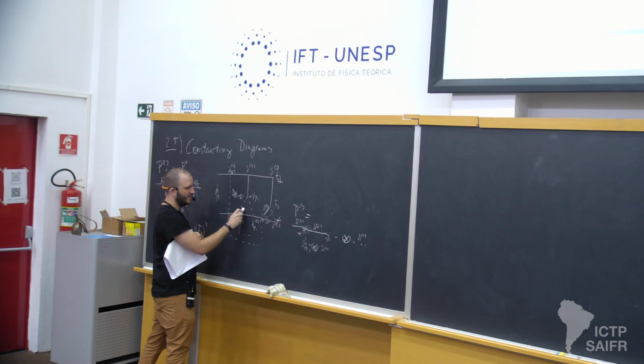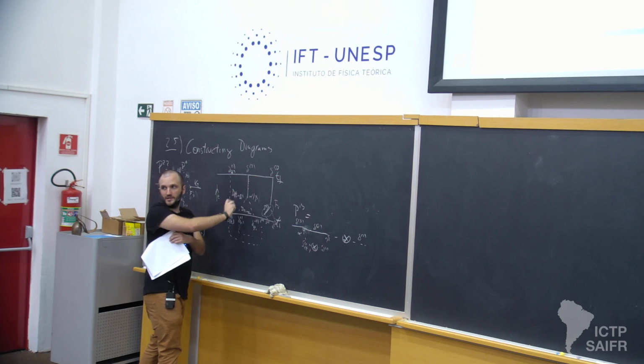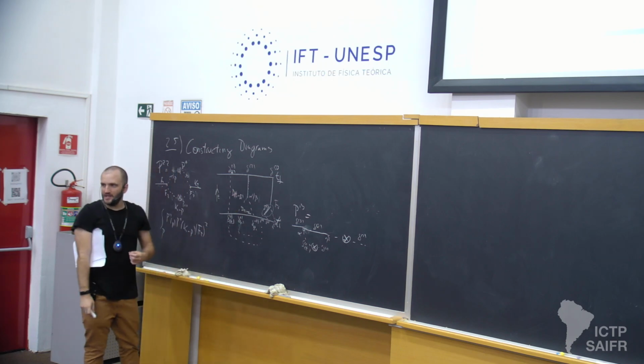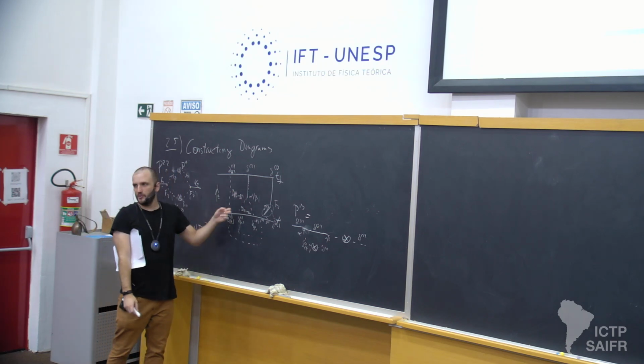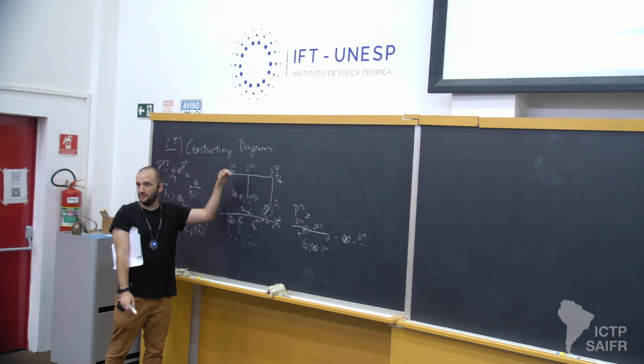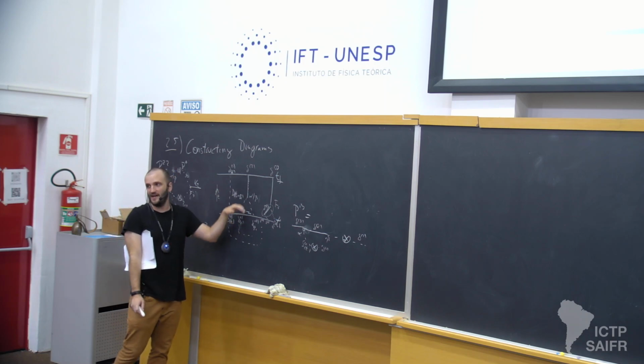But this is between Ti and some intermediate time T, because this is going to propagate in between here and here. That's why beyond Einstein de Sitter you have some corrections, because this interaction can happen at any point between Ti and Tf.